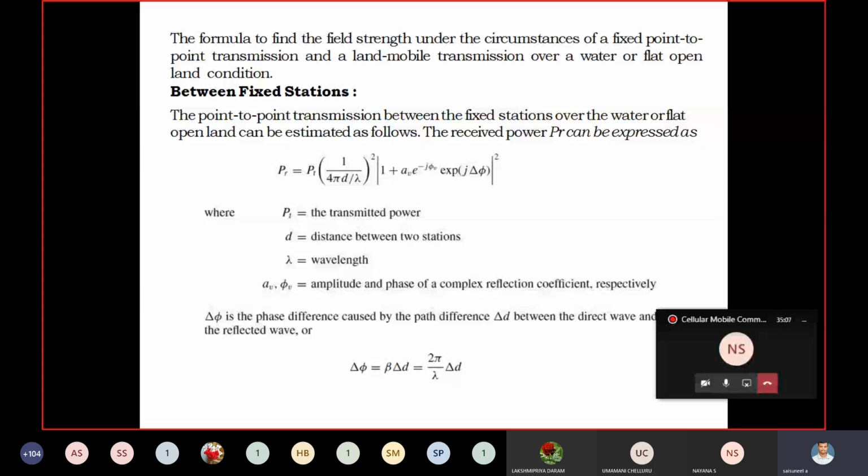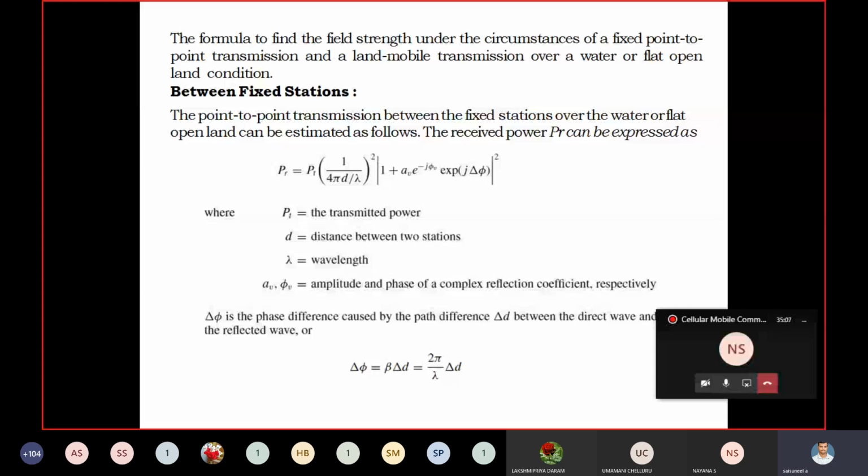Why? Because of the sea area, the moving water has ups and downs in the waves. Due to the ups and downs of the waves, whenever the signal is reflected from the waves, the phase can change.